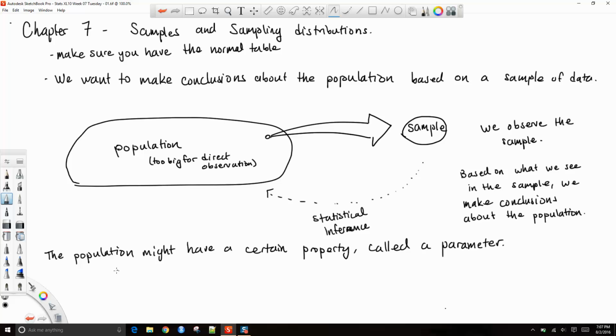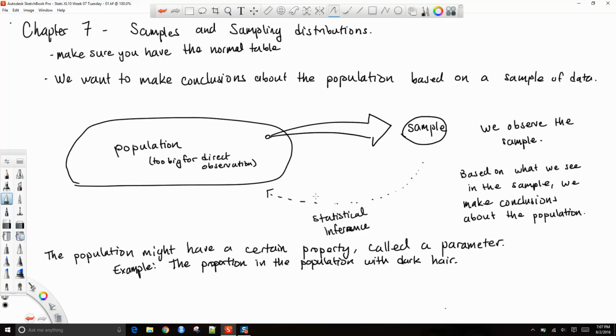So an example would be the proportion in the population with dark hair, okay? So that would be a parameter. That proportion is the parameter. And we want to make conclusions about the parameter.